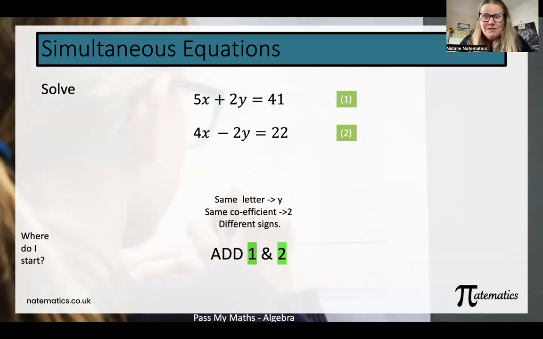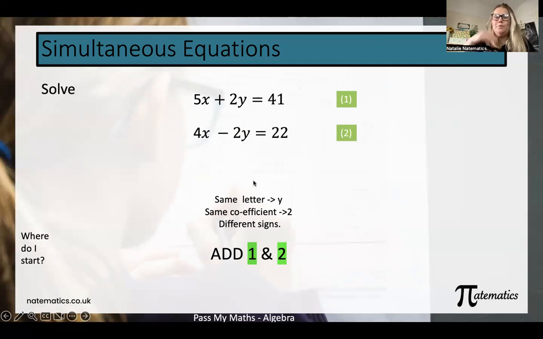You're not going to gain marks for doing this, and you're not going to lose marks if you don't do it. However, when it comes to the work that we do with simultaneous equations, it certainly helps direct what you're going to do. So say you've got this question. We've got 5 lots of this one number added to 2 lots of the other number equals 41.